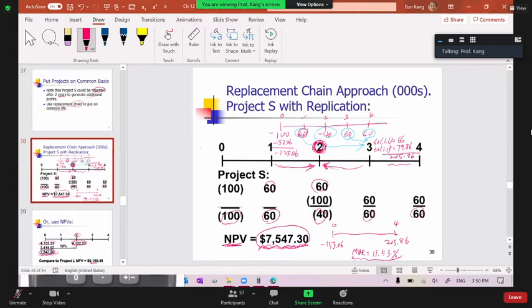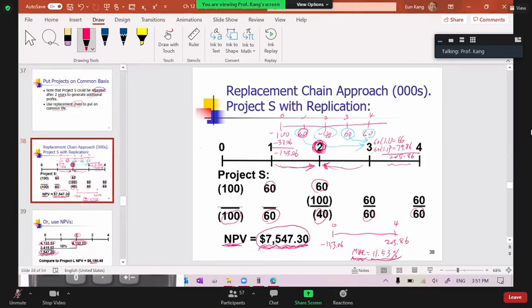So MIRR is definitely not IRR, and this MIRR is relatively low compared to other ones, even lower than just a long project, when net present value is highest.